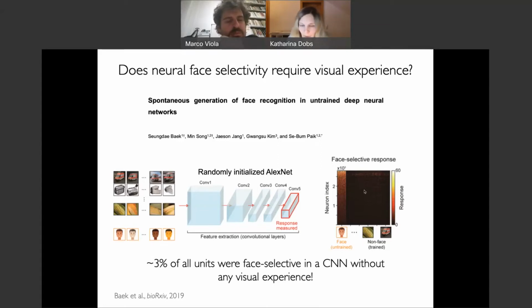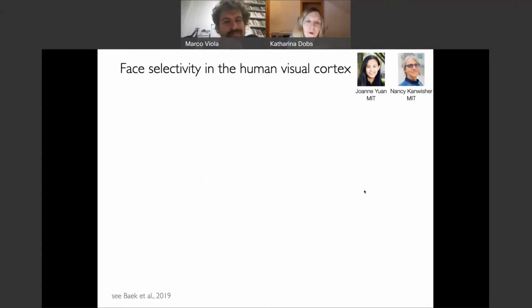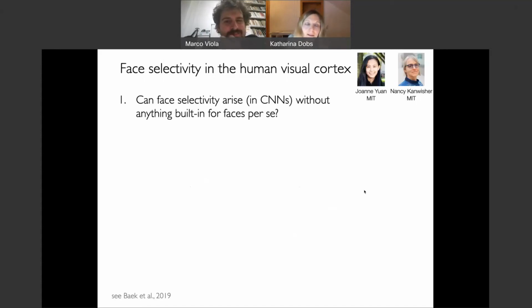So we thought, okay, let's look at this a bit more. This is again a project with Joanne Yuan and Nancy Kanwisher. What we wanted to understand is, can face selectivity really arise in CNNs without anything built in for faces per se? So no face template or anything like that.